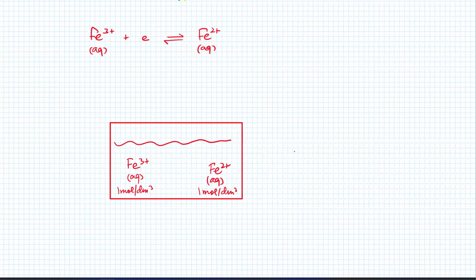Now, again, there's an electrode that's missing, because if Fe3+ has a very strong tendency to actually gain electrons, where would those electrons come from? So you need an electrode. So what you're going to do is add a platinum electrode.